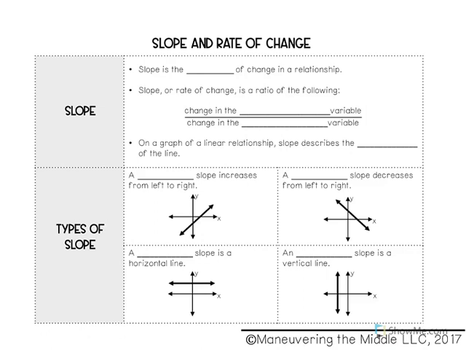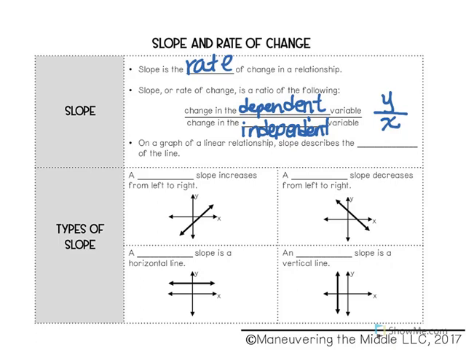So, slope is the rate of change in a relationship. It's the rate that's always changing. Slope can be found with a ratio because you are taking the change in the dependent variable and dividing it by the change in the independent variable. The dependent variables are your y's because they depend on x.